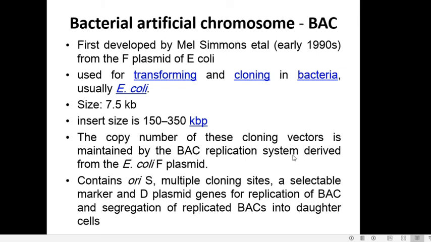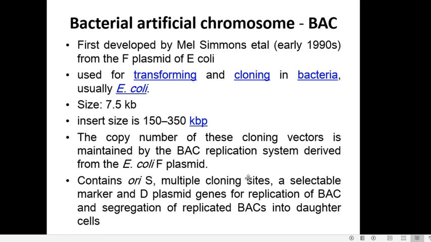How many copies they will maintain inside the host cell depends upon the E. coli F plasmid from which this vector is constructed. So the copy number is maintained by the BAC replication system, which is derived from the E. coli F plasmid. This will contain ORI and multiple cloning sites in which you can insert the foreign gene.